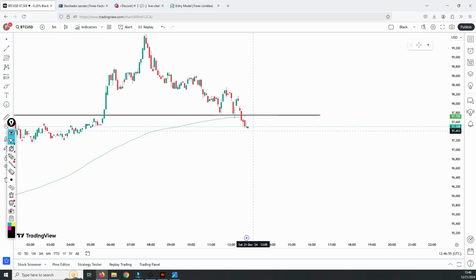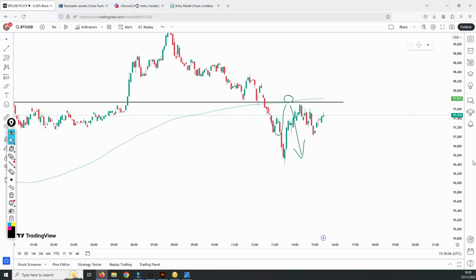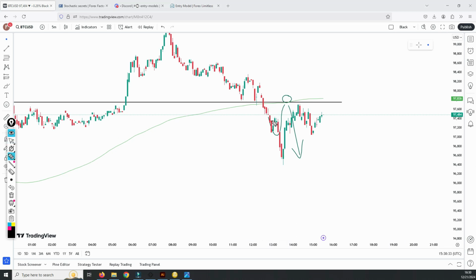After this, I'm going to explain to you another entry model that I'm using, and it can play out here. And this entry model is based on once the price breaks moving average 200, goes above, retests it, creates a pattern here, and then we can enter a sell trade. Second entry model is even easier. This is exactly what happened here.